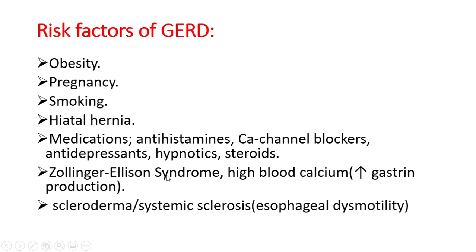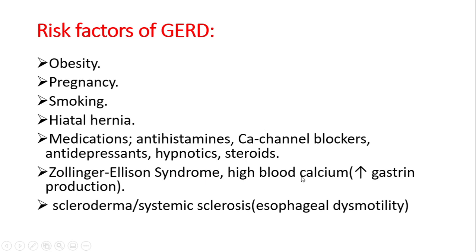Zollinger-Ellison syndrome. This is a syndrome in which there is hyperplasia of the cells secreting excessive gastrin to stimulate acid secretion. So there are multiple peptic ulcers in the stomach, in the esophagus, and in any part exposed to acidic gastric juice: duodenum, lower esophagus, and stomach.